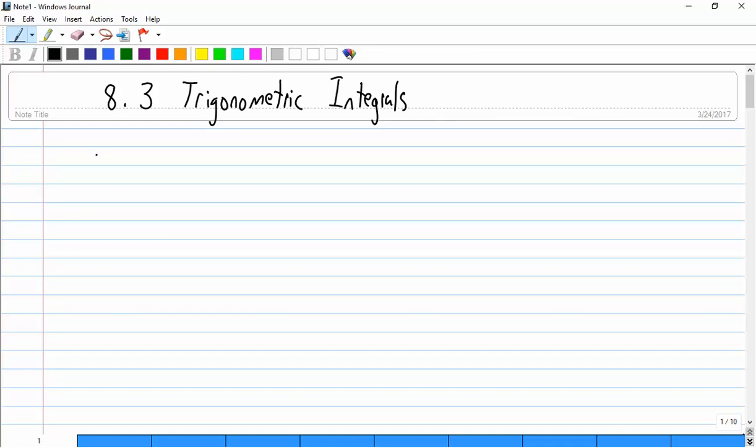The main thing that we're going to learn out of this section is that we can integrate things like sine to the m of x times cosine to the n of x power, where either m or n is a positive integer.